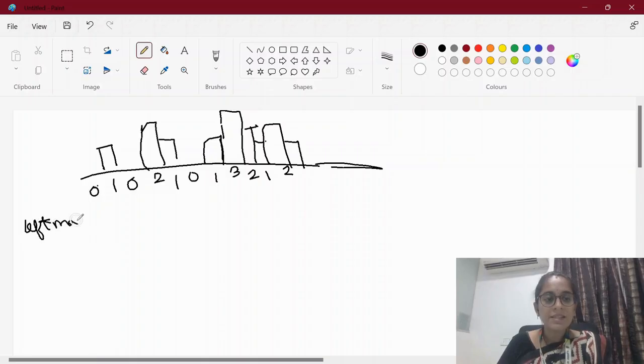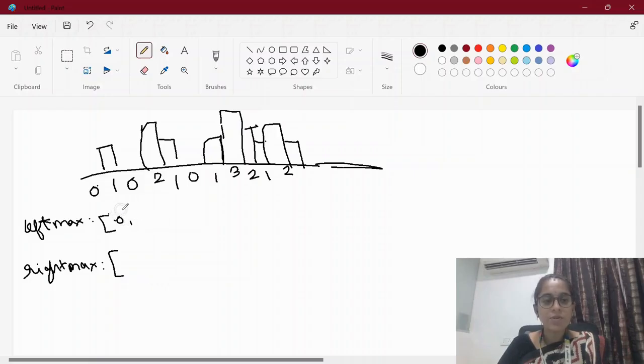For this we calculate the left max array and right max array. Once we calculate the left and right max, we do not need to calculate again and again at each position. Looking at our first position, what is the left maximum? We only look at the left side. The first position has nothing, so the left maximum is 0.